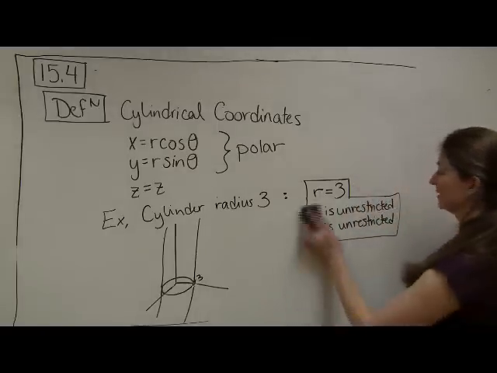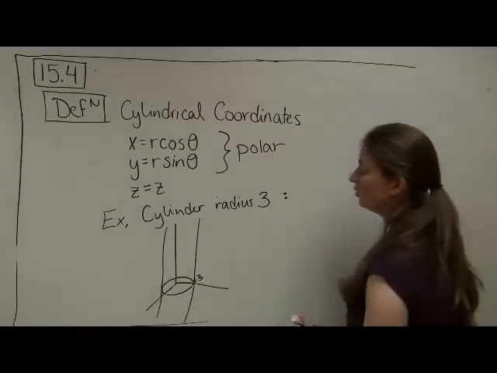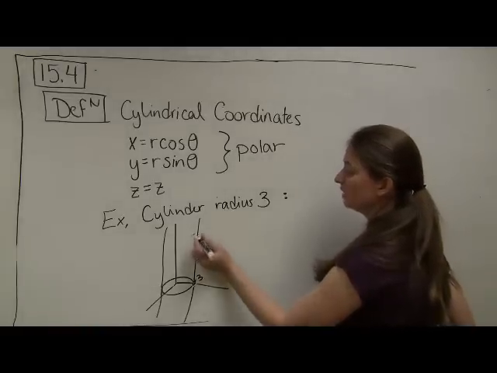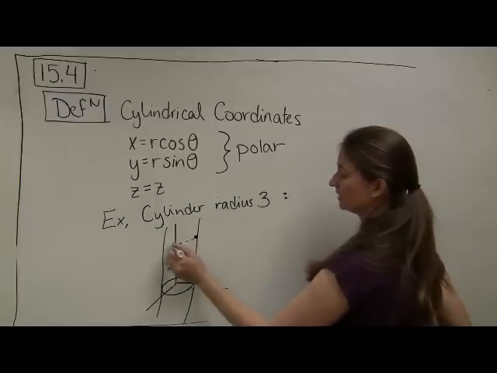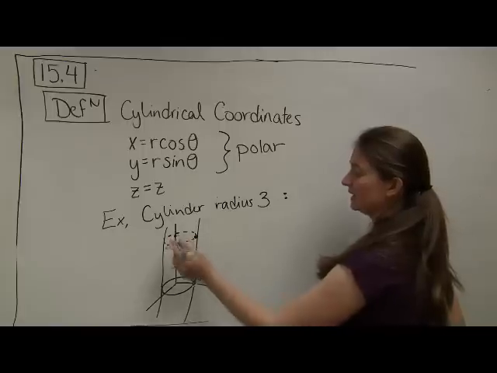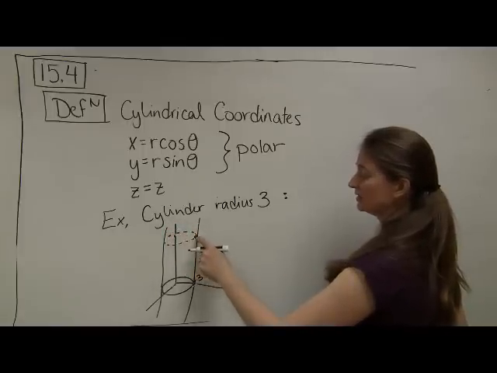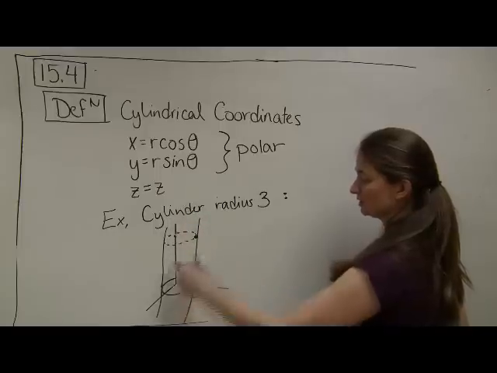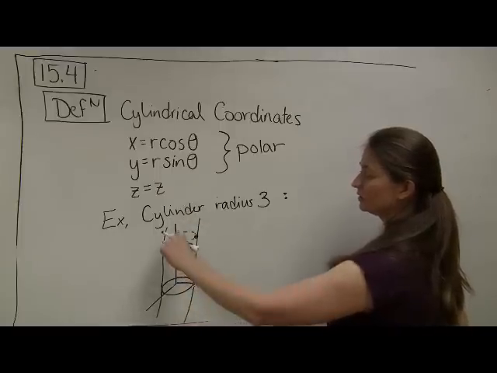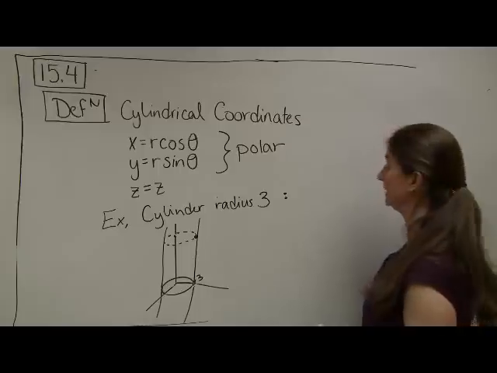The second way to evaluate this is to visually evaluate it. So I could think of, what does any point somewhere on this cylinder look like? Well, I know the points on this cylinder are all going to be a distance 3 away from the origin. I also know that points on this cylinder can be as high and as low as we want. And the points on this cylinder can be anywhere from 0 to 2 pi.